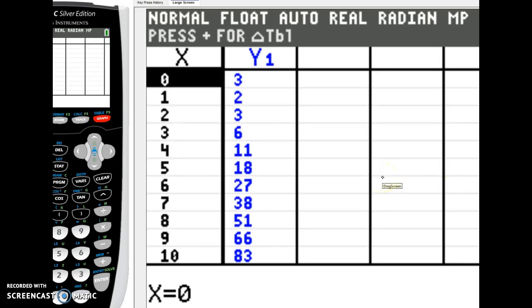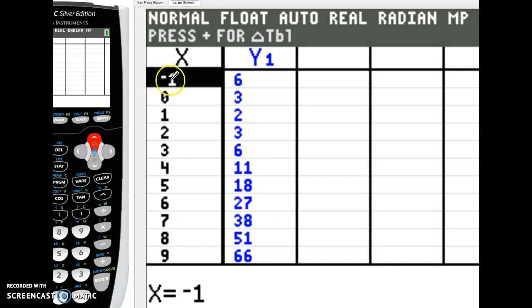Let me go up a little bit so that I can see all of my values. I see that when x is negative 1, y is 6. When x is 1, y is 2. And when x is 2, y is 3. So these are the three values that I'm looking for: 6, 2, and 3.